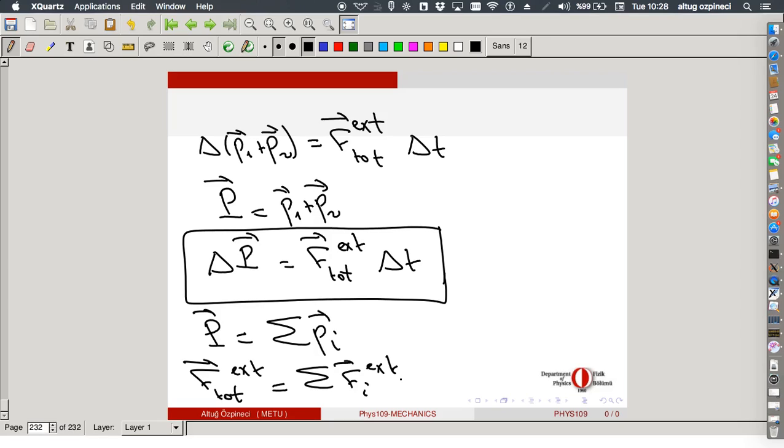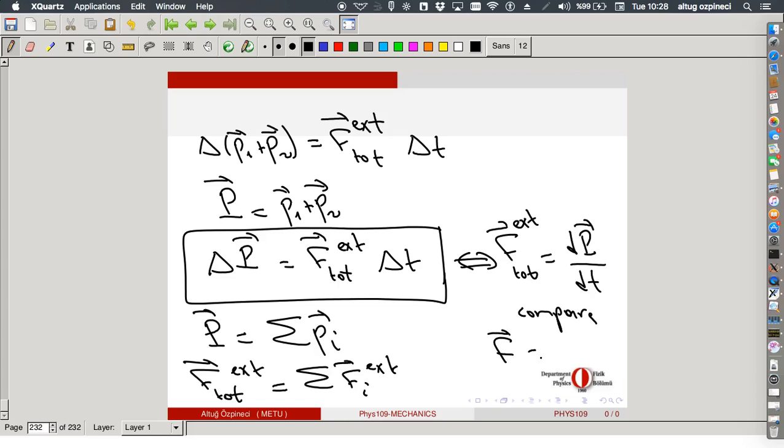You see, if you look at this one, this is not Newton's second law. But nevertheless, I can write it as the external force is equal to dP by dt. Just compare it with F is equal to dP by dt.